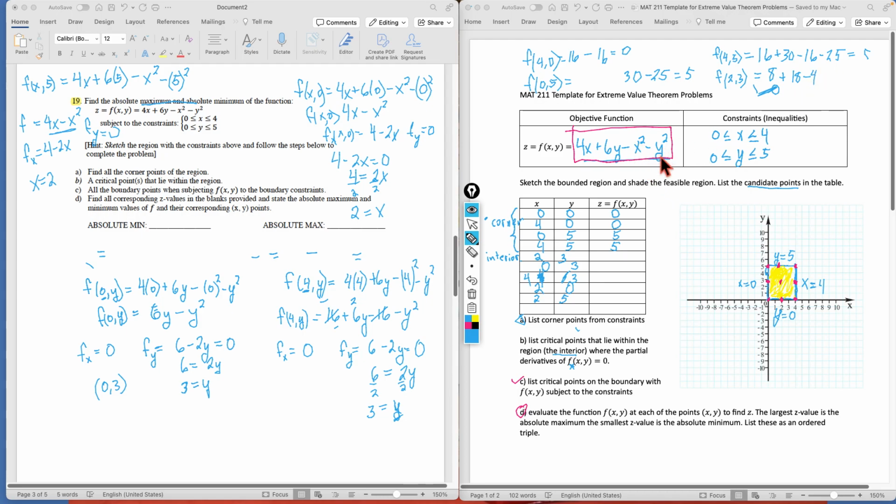And minus y squared. y squared is 3 squared, so that gives us minus 9. And let's see if we can do the math. We got 8 and 18. That should be 26. Subtract 4 is 22. Subtract 9 is going to be 13.